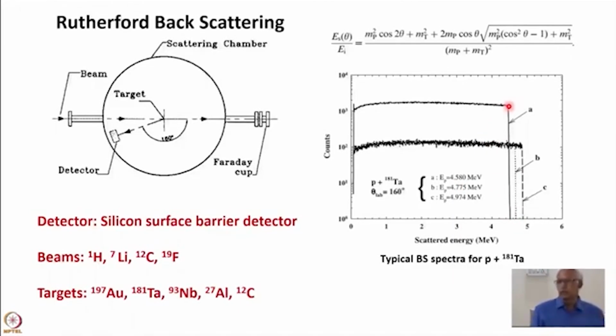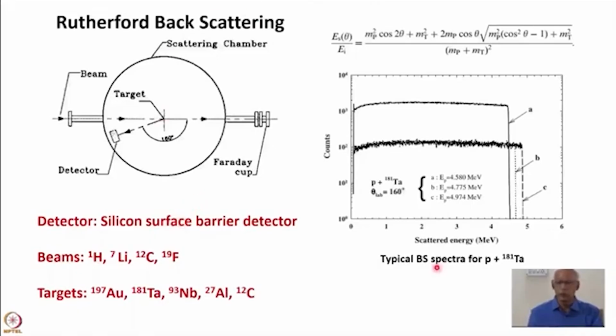That means we know very accurately, as there is an analysis procedure to find the exact scattered energy of the particle at 160 degrees. Theoretically you can calculate the energy, and you can also measure it. Using this expression you can calculate it, and that matches the energy obtained from the detector.